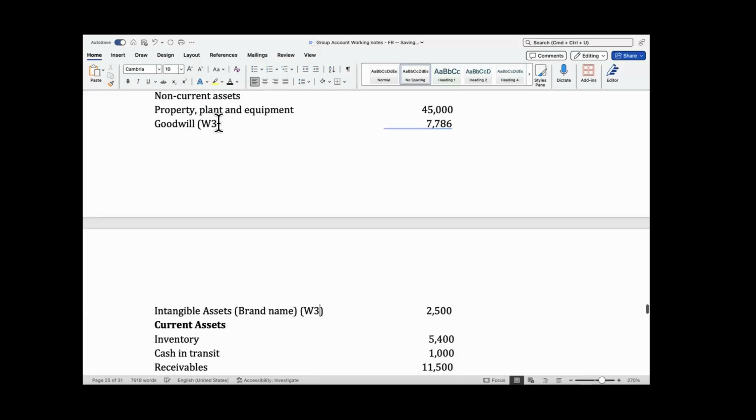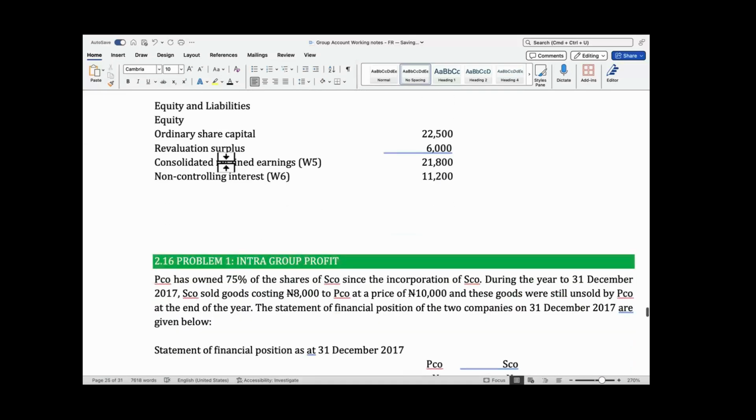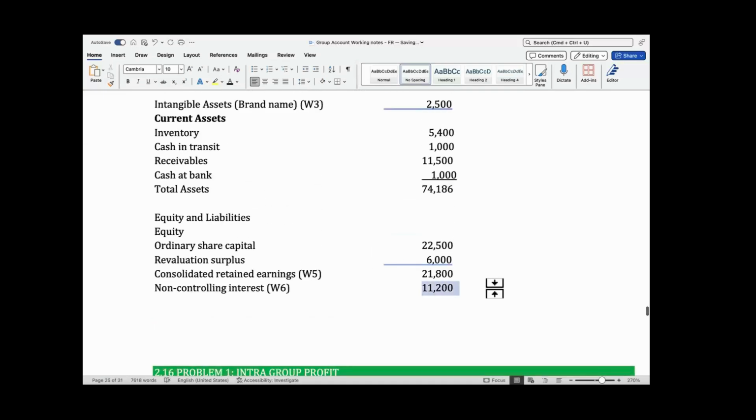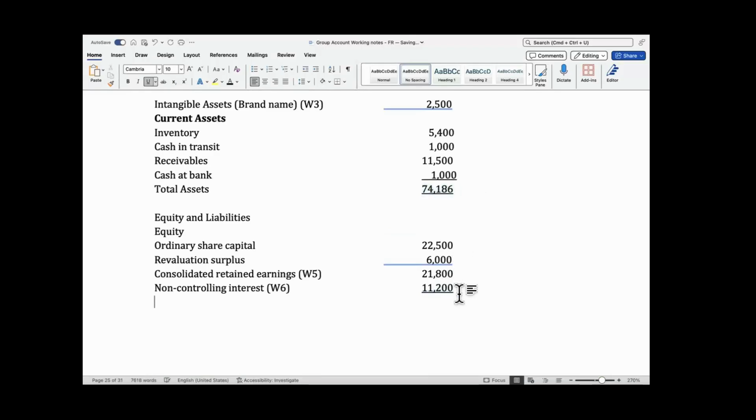Okay, so let's add these equity together. 22,500 plus 6,000 plus 21,800 plus 11,200. That's 61,500.